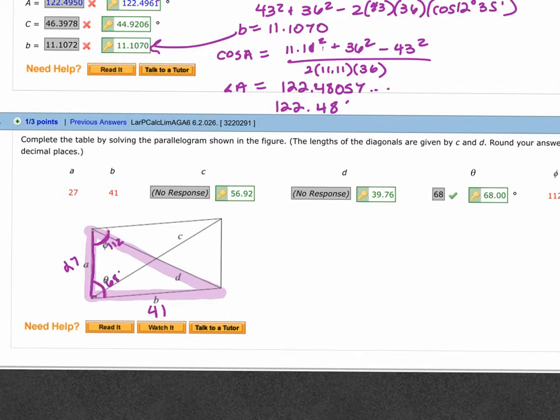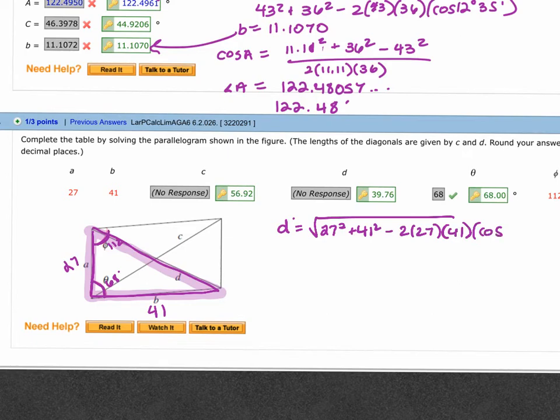And then I have a side angle side scenario where I would do the D, which is the diagonal, equals the square root of 27 squared plus 41 squared minus 2 times 27 times 41 times the cosine of 68. And that would give you D as 39.76.